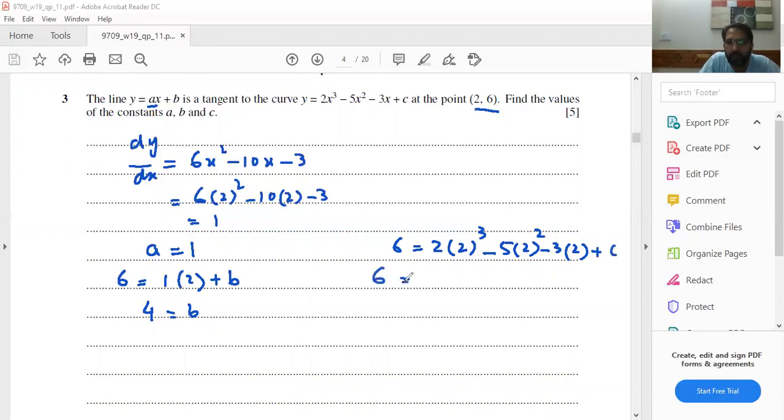So 6 is going to be equal to 16 − 20 − 6 + c. So 6 = −10 + c. So this will give us c = 16. This is your third question.